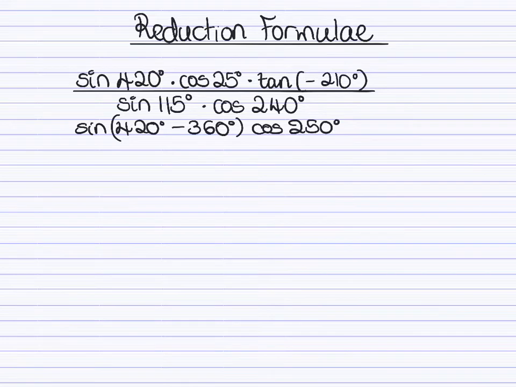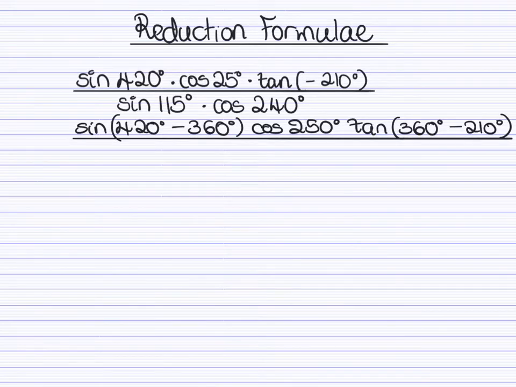With the negative angle, what you would have to do in that instance is add 360 degrees to the negative 210 degrees. From there, we will now look at the trig ratios in the denominator. Looking at sine 115, I know that 115 degrees is in the second quadrant. Now in the second quadrant, you'll have either 180 degrees minus theta or 90 degrees plus theta.